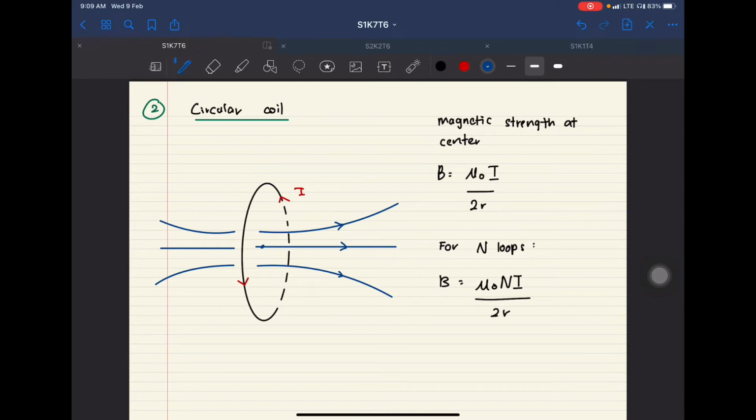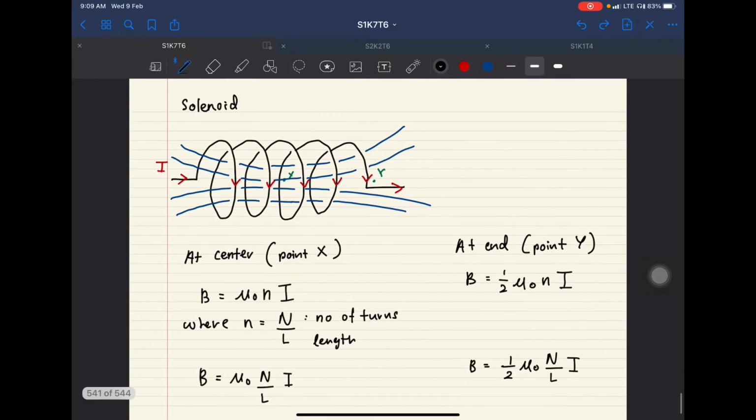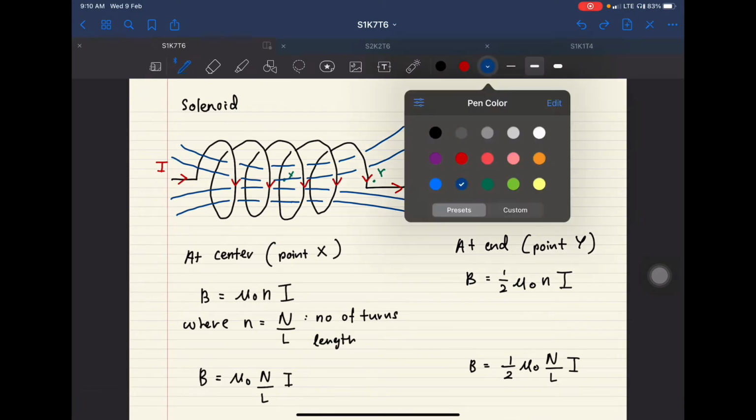If you have more than one loop, let's say you have multiple circular coils put together like that, you have to multiply by the number of loops, multiply by N. Okay, and then the last case will be solenoid.